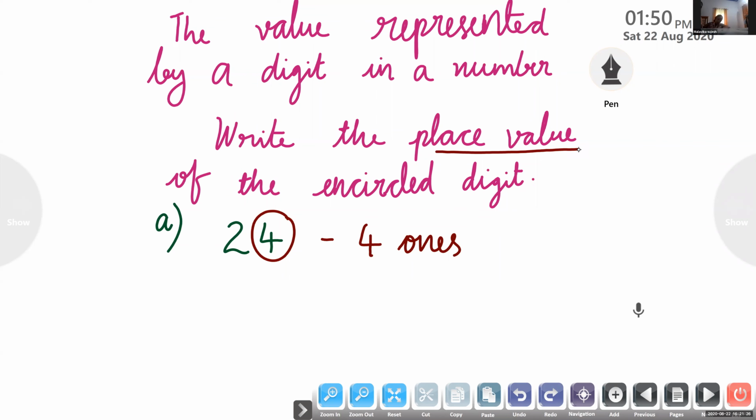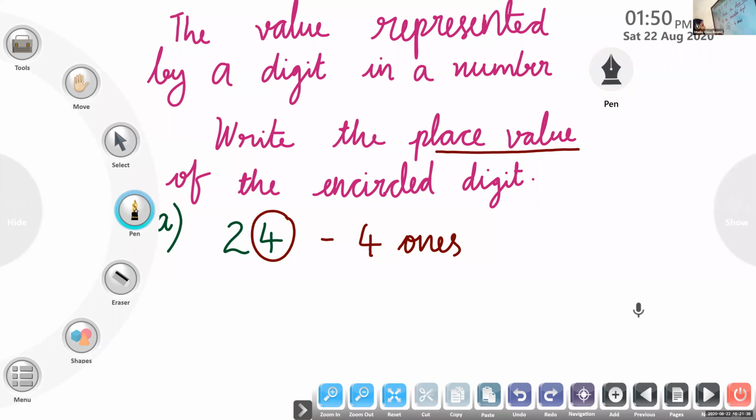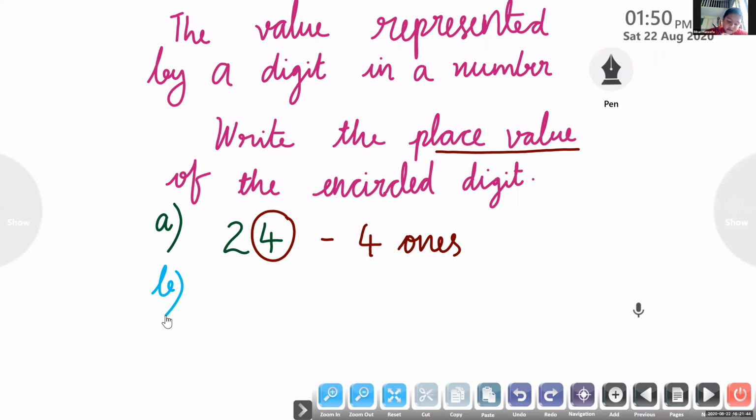That digit also we have to include in the answer. So we have the next one. We have B.